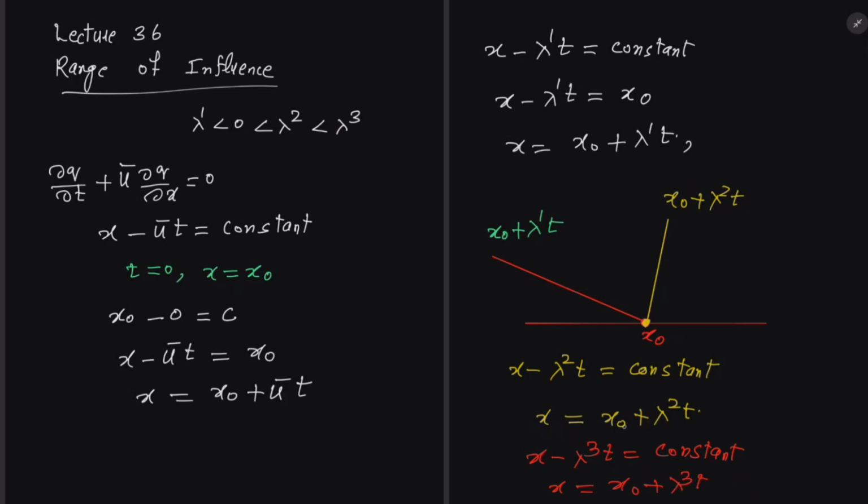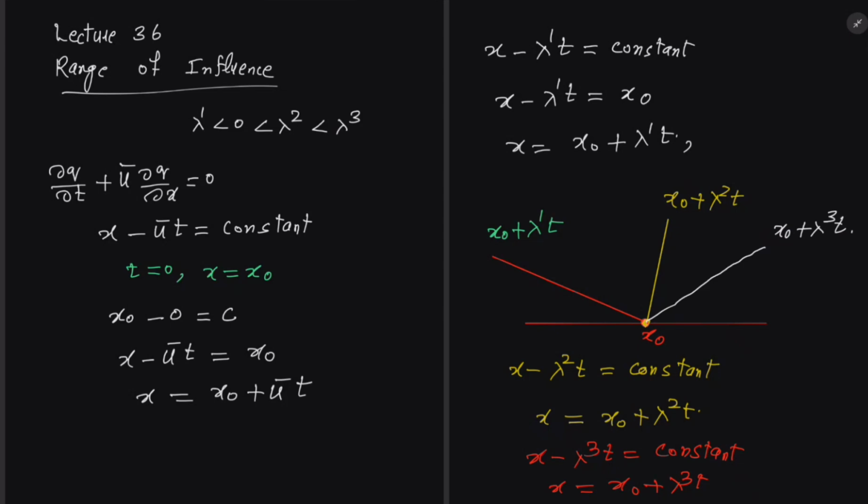And remember that we are talking about the fixed point. We are not saying that this one is x naught and this one is x1. The starting point for these characteristics is the same. So for this case, we have this characteristic x naught plus lambda 3 t.